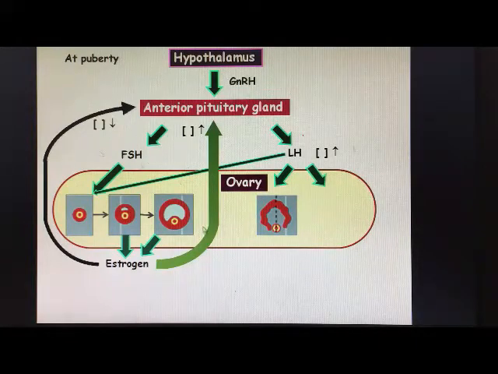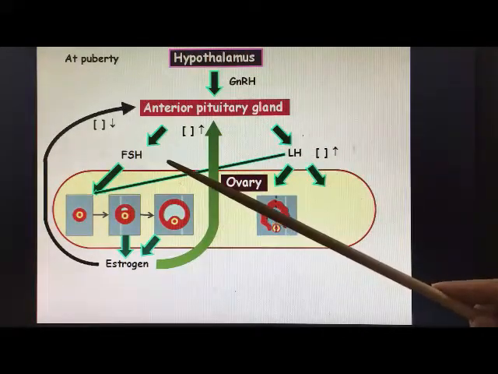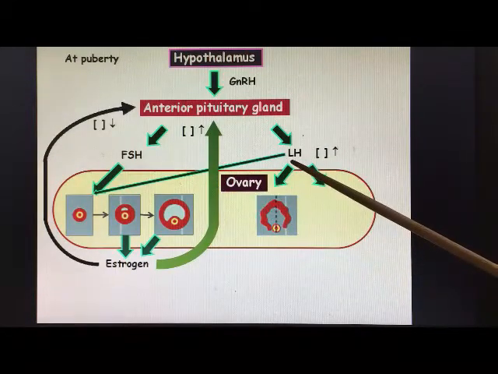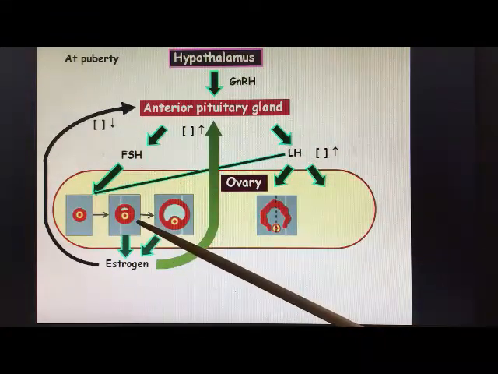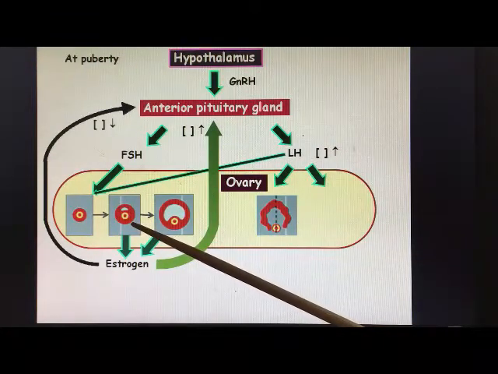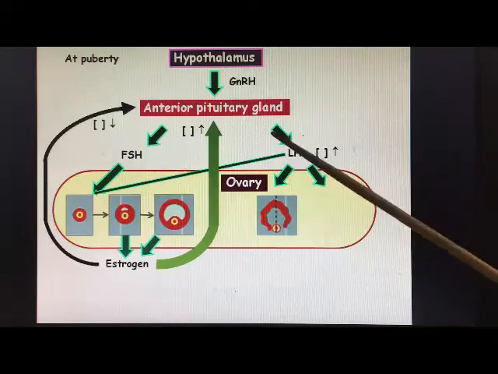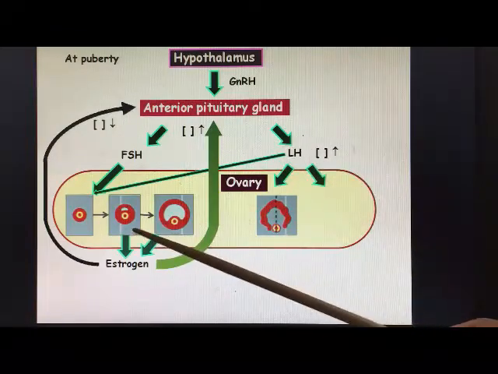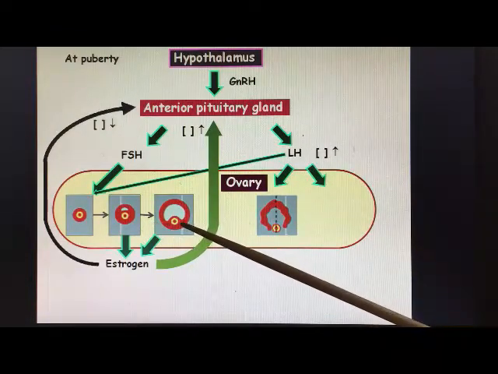So if you notice at the first part, when the concentration of estrogen is low, it will cause the negative feedback on the anterior pituitary gland. So it causes less FSH and LH to be released. This is because the follicles are not fully matured. So there's not much LH produced, to prevent early ovulation.